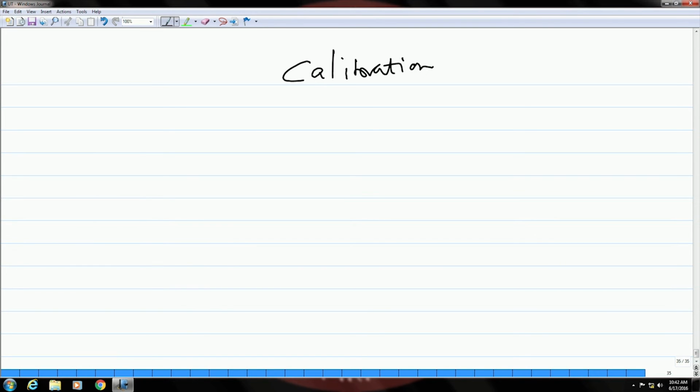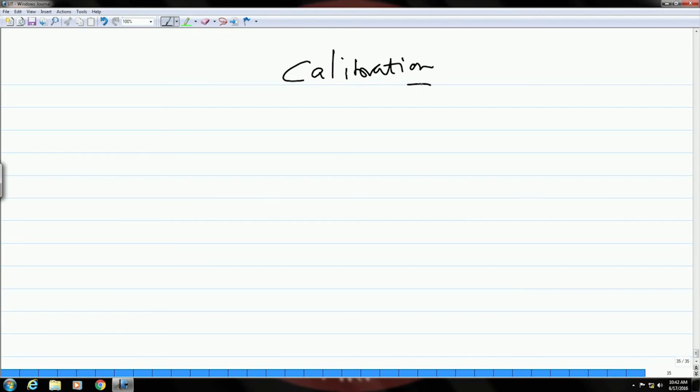So, the indications for the defects and flaws are indirect, and whenever the indications are indirect, it is necessary to calibrate the instrument before you can use it. Okay. Otherwise, you may end up with results which are erroneous.